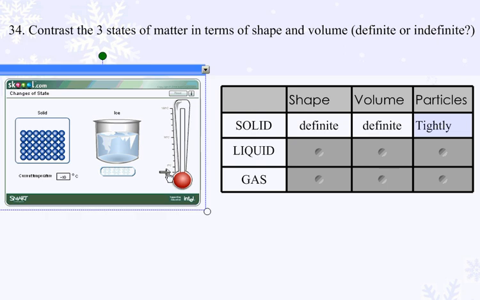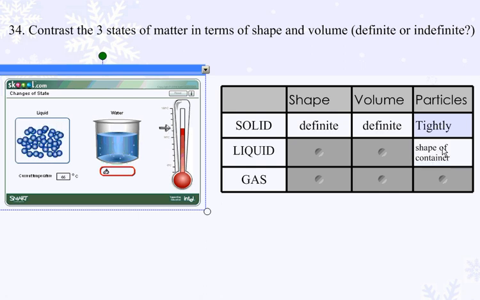I'm going to go ahead and heat this up and make it a liquid. Now that it's a liquid, you can see that it is taking the shape of its container, which means that the shape is indefinite. However, I can still measure the volume of this, so the volume is definite. I could say there are 30 milliliters of water in this beaker. That's a definite volume.